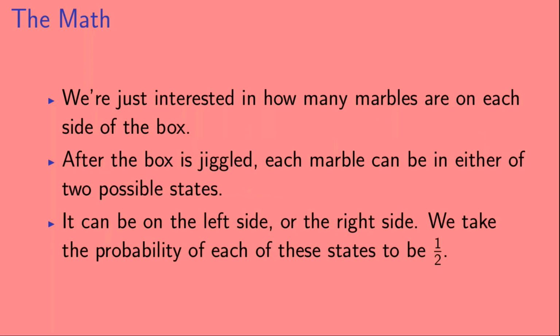Now, we're just interested in how many marbles are on each side of the box. After the box is jiggled, each marble can be in either of two possible states. It can be on the left side or the right side. We take the probability of each of these states to be 1/2.